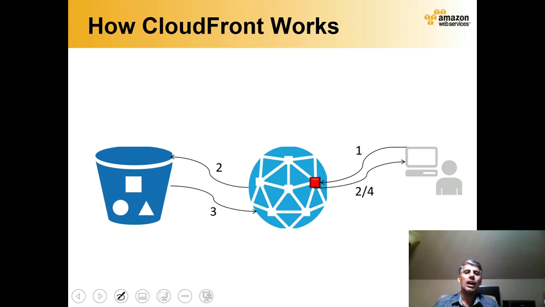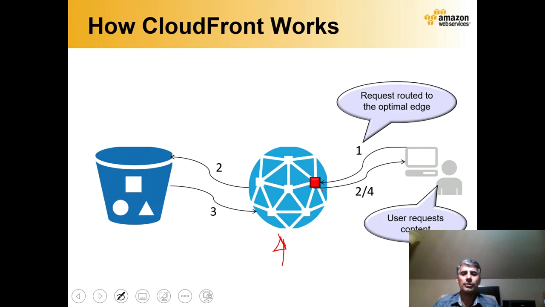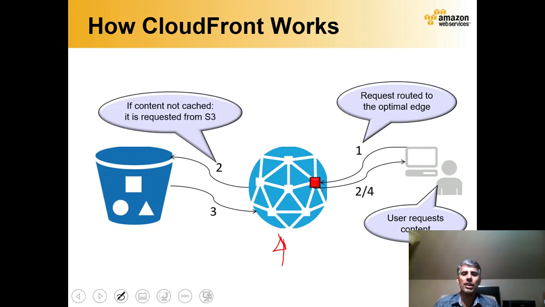The way CDNs and CloudFront work is as follows: the user requests some content, and the request goes to one of those CDNs. Let's assume that this is the network of those CDNs, or edge servers as they are called. If the content is cached, it is served to the user. If not, it is requested from S3, which is the storage service.